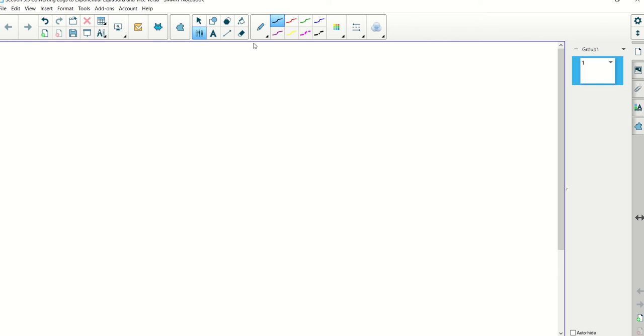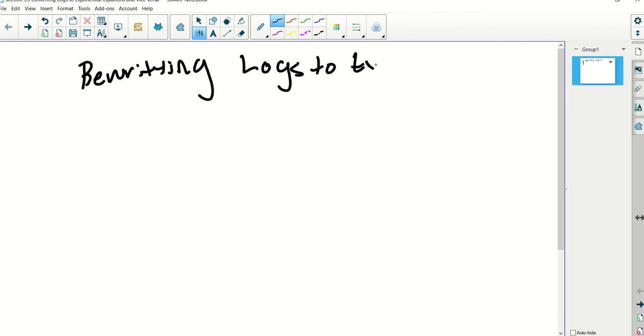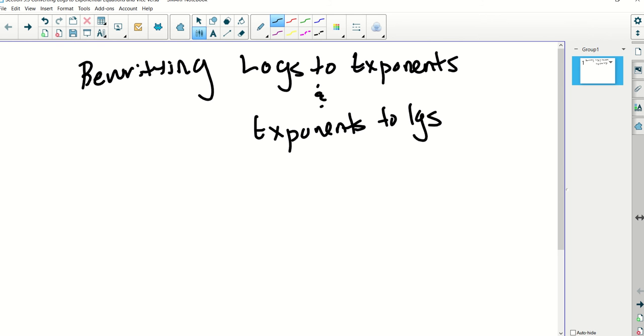So I know we did rewriting logs to exponents and then exponents to logs.